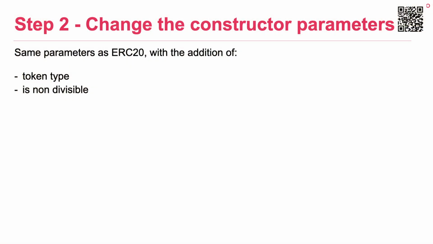For an LSP7 token, it's the same thing as ERC20, except that there will be 2 extra parameters. I'm just going to write them here.